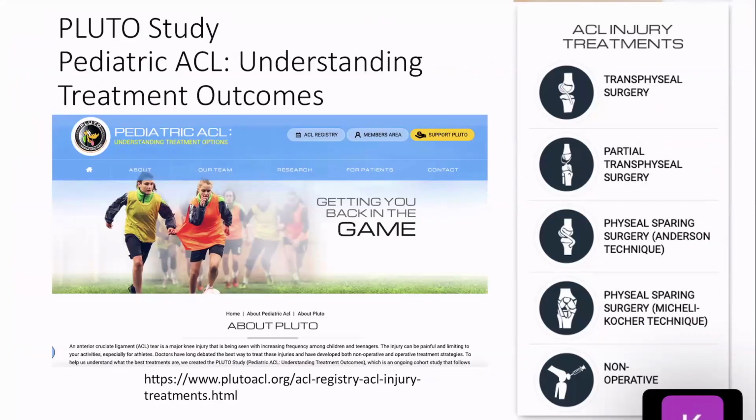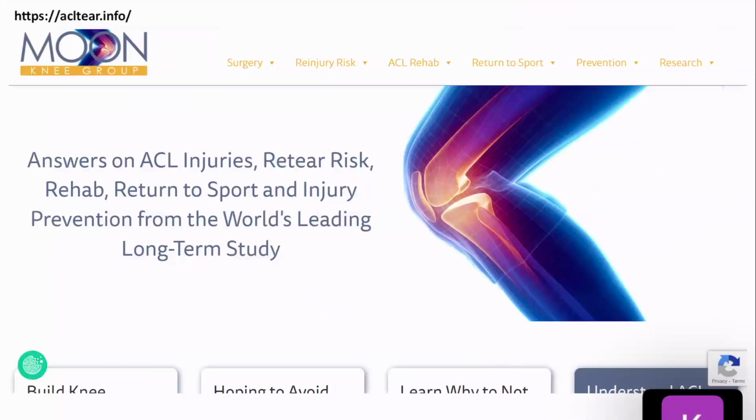They go over all of this on their website, plutoacl.org, at the bottom there. And then the MOON group is also another great resource. It can be found online at acltear.info, and they actually have a risk of re-injury calculator.